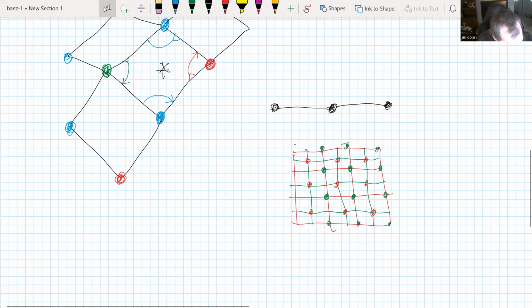And so you have Voronoi cells and dual Voronoi cells. The lozenges in this case are the intersection between a Voronoi cell and a neighboring dual Voronoi cell.